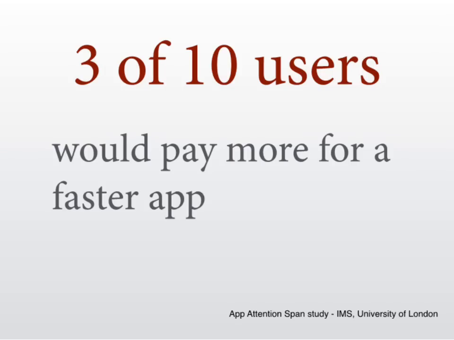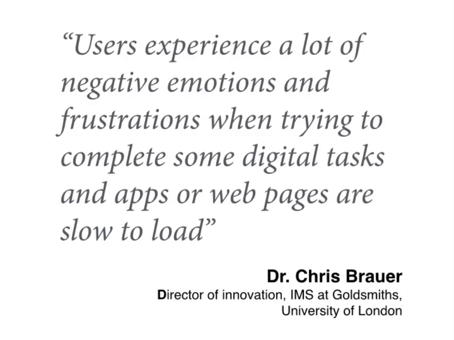That's why it's so important. And finally, Dr. Chris Brower, from this research, said that users experience a lot of negative emotions and frustrations when trying to complete some digital task. When apps or web pages are slow to load, we have frustration and negative emotions over our app. And remember, today our app is our company. So that's why it's important.